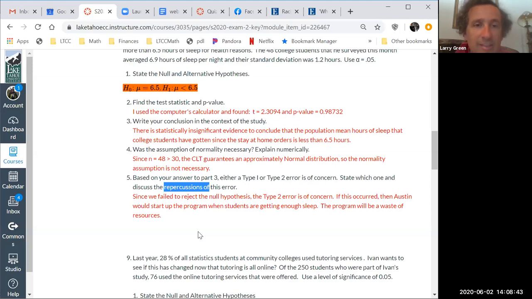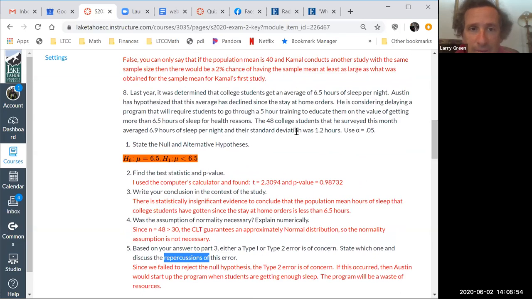Okay, so in this case, instead of just defining what a type 2 error is, well, if a type 2 error happened, that means that Austin was not able to show that it has declined when it did decline. Okay.